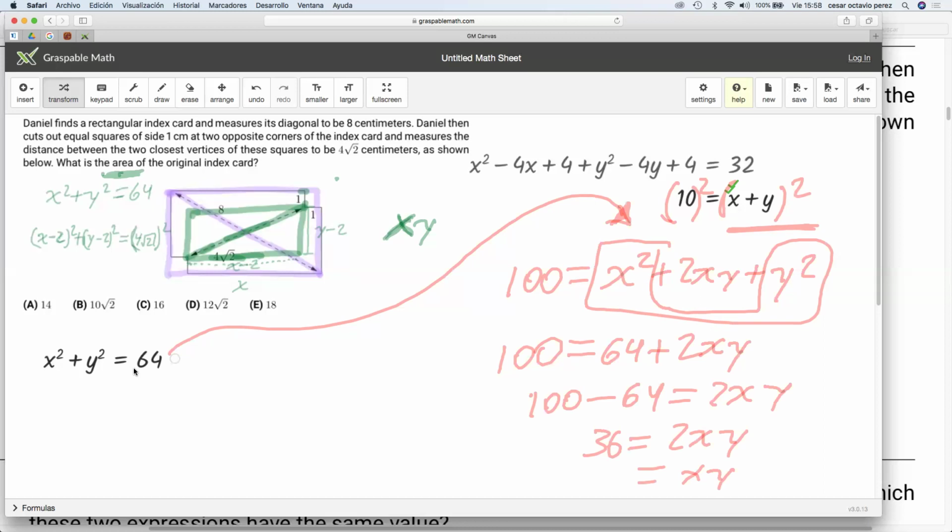We divide both sides and we will get xy equals 18. So the answer is E.